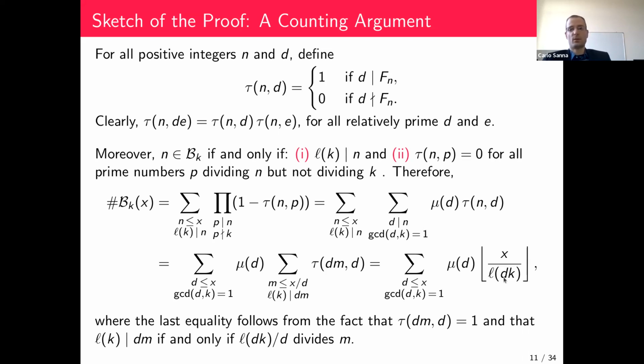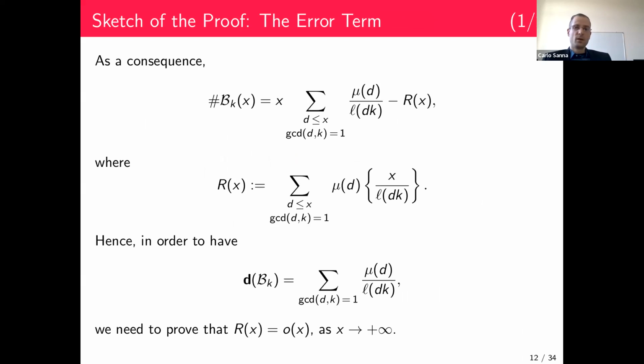So now it's a matter of some error term handling. As a consequence, we can rewrite the counting function of B sub k in this way, where the first term is what we want, but we have this error term, R(x), which is defined in this way, involving the fractional part.